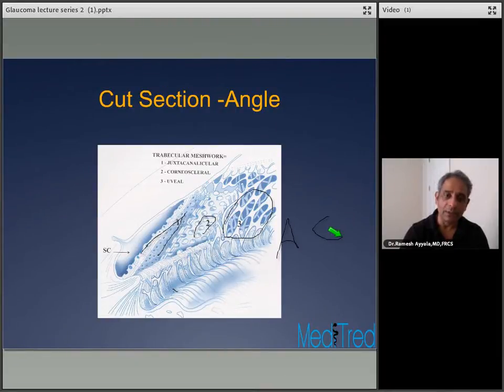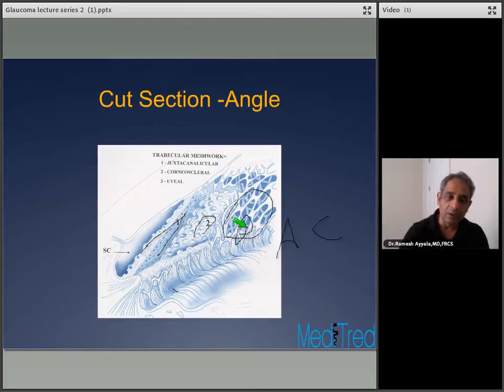Each trabeculum is like a cylinder in the uveal portion, and it measures approximately 4 microns. It's made of collagen lined with a single layer of endothelium, and when we talk about the pores, here is the pore. Pore size in the uveal portion is approximately 70 to 75 microns.